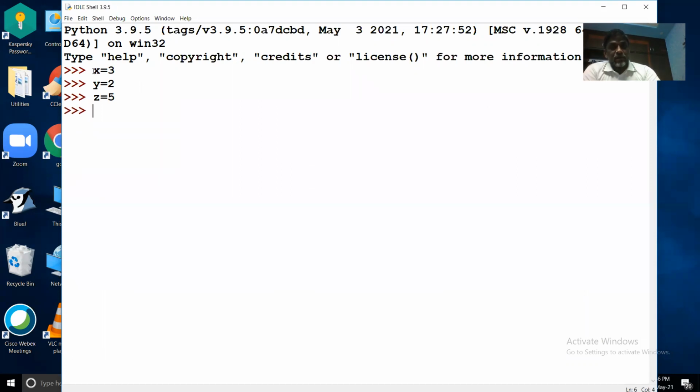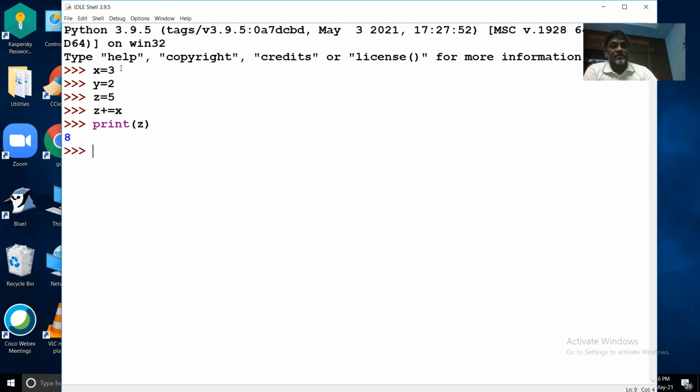Now I will use, sorry, we took it as z plus is equal to, right? So z plus is equal to x. What does this mean? z is equal to z plus x. Now, if I print it, it will display the value of z as z plus x, that is 8. So let me print the value of z now. Print of z.